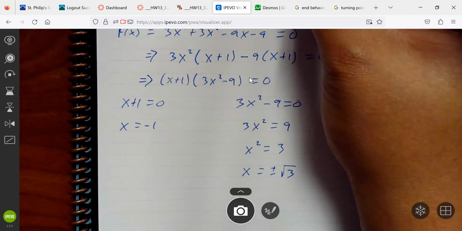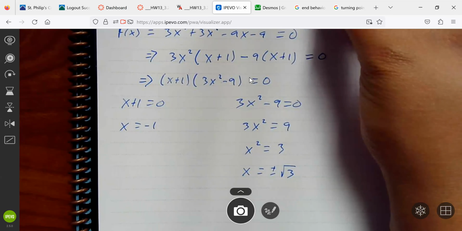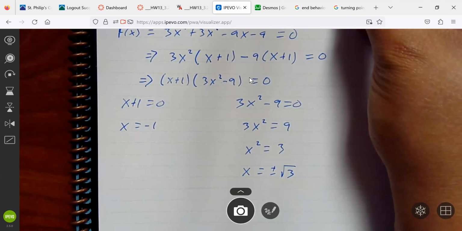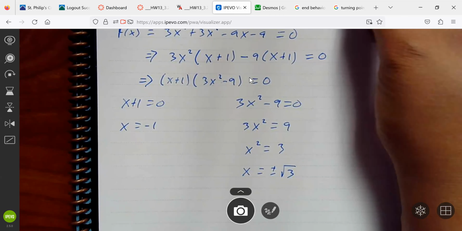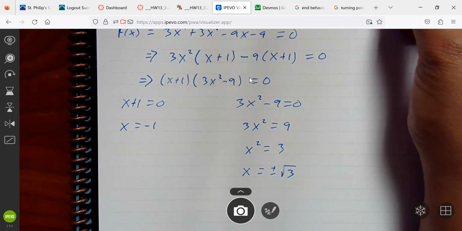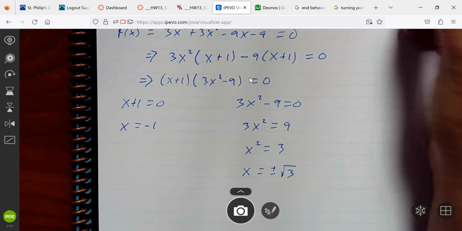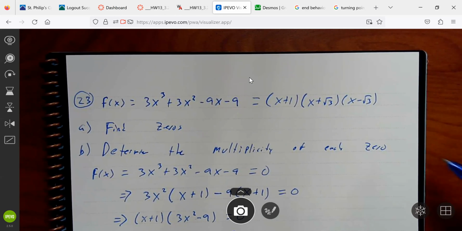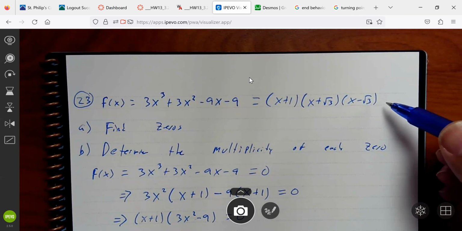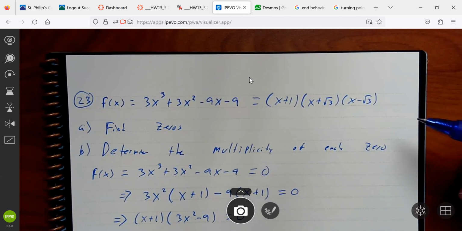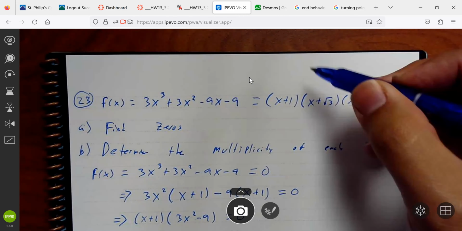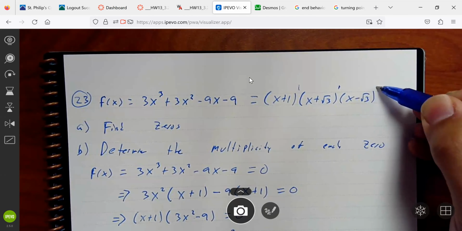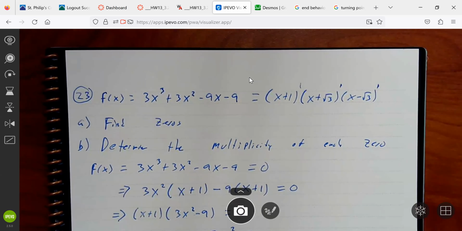So the factored form would technically be this. But you see how that's kind of strange. But it's fine. Those are the zeros, plus or minus root 3. But you see how each one is technically multiplicity 1.